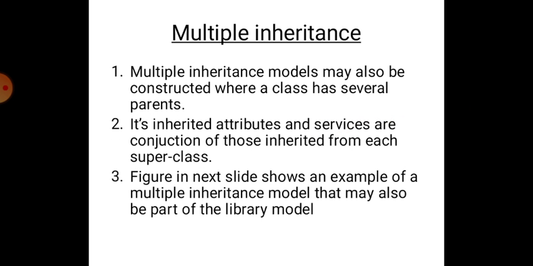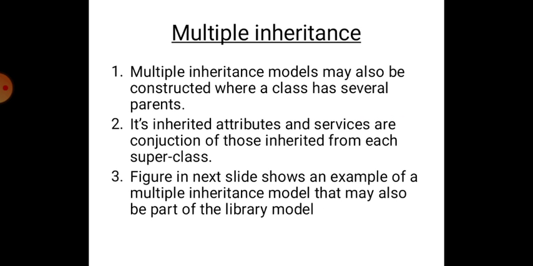Multiple inheritance. Point number 1. Multiple inheritance models may also be constructed where a class has several parents. So students, in the simple inheritance model, you have one parent and more number of children. That is, there is a single parent. Children can be one or more.